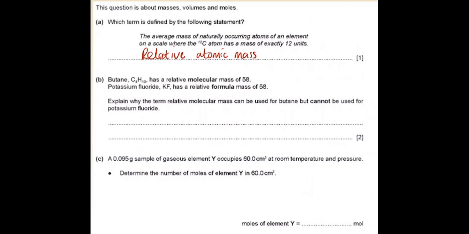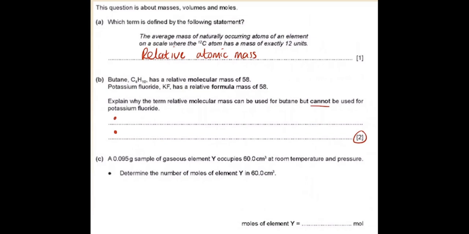Butane has a relative molecular mass of 58, but potassium fluoride has a relative formula mass of 58. We'll explain why the term relative molecular mass can be used for butane, but cannot be used for potassium fluoride. It's 2 marks, and it said you have to explain why it cannot be used for the other one. So you must say both situations for the mark.